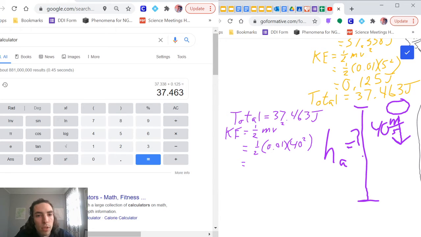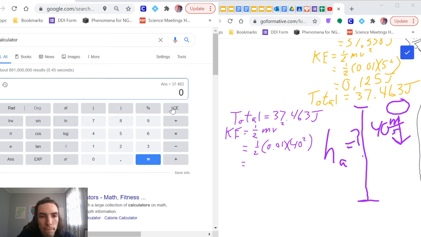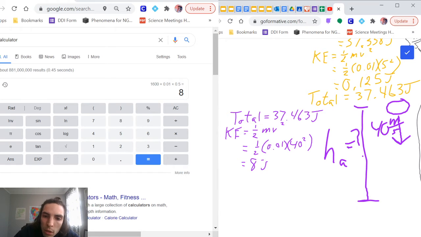Okay, so let's see what that gives us. 40 squared, I'll hit enter, times 0.01 to stay consistent with how I've done in the past, times 0.5. That's our half. And that gets us 8 joules as the amount of kinetic energy at this point.